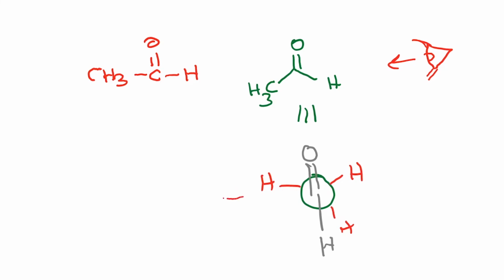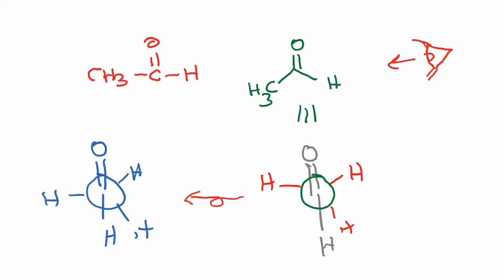Now, if I do a rotation, we're going to get another conformation, where the C double bond O is again in the front, and maybe this time the hydrogen is going to be here. In your free time, you can practice the various rotations around this carbon-carbon bond.